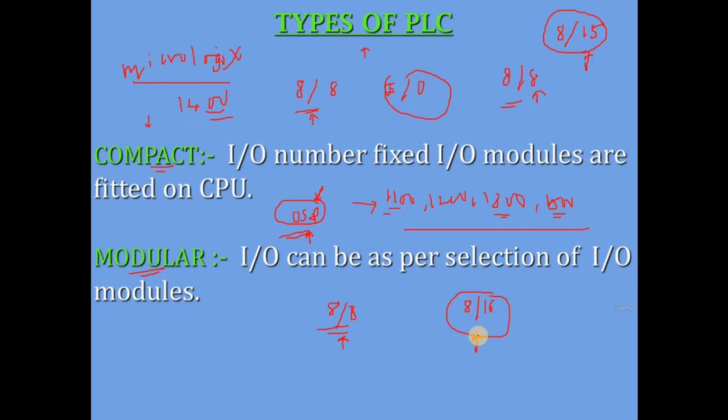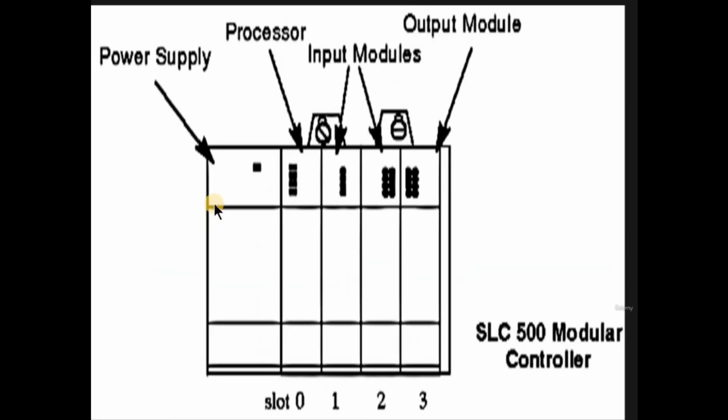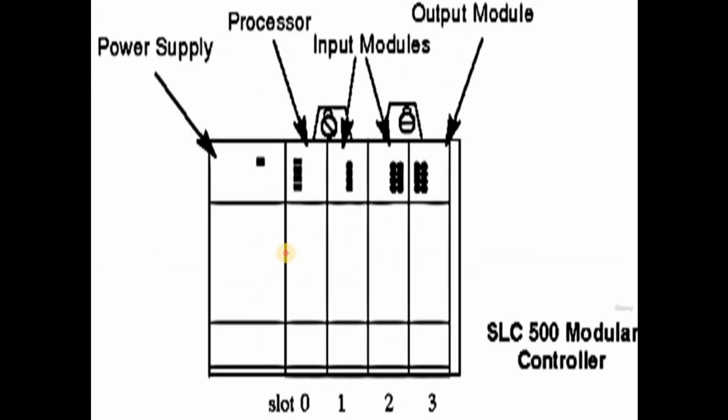Why and how? The reason is that modular type PLCs come with a rack. Rack means what? I'm just showing you the image so that you will get some idea. Here in this image, this is nothing but the rack.